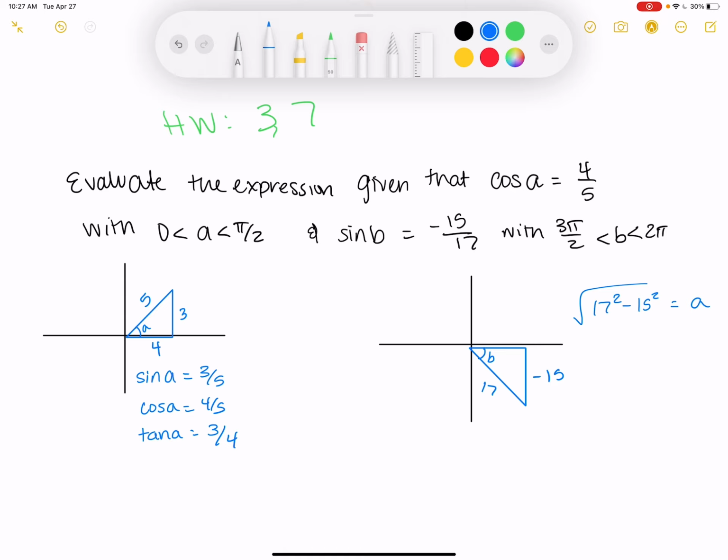I have a quick question. It's about the last one. How did you get 3? Did you just know? Well, technically I just know, but also 5 squared minus 4 squared is 9, and then take the square root of that is 3.